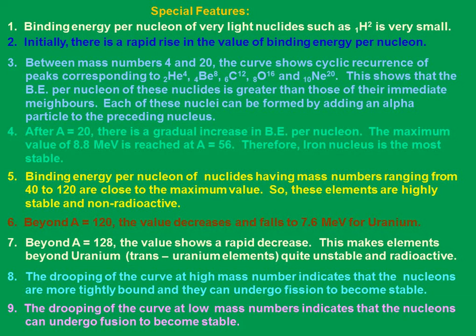The first one is conservation of mass number, then conservation of charge, conservation of energy, linear momentum and angular momentum. If all these conservation laws are obeyed, then alone a nuclear reaction can occur. Always remember this. And it can be endoergic or exoergic.